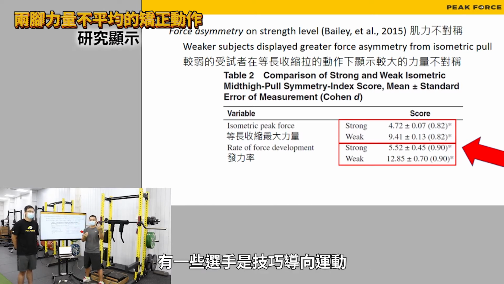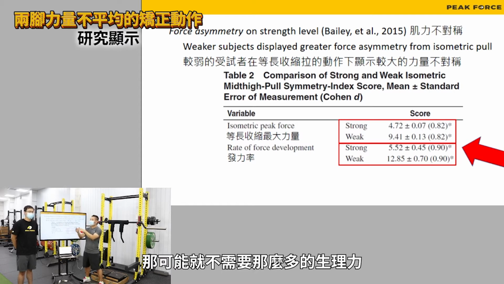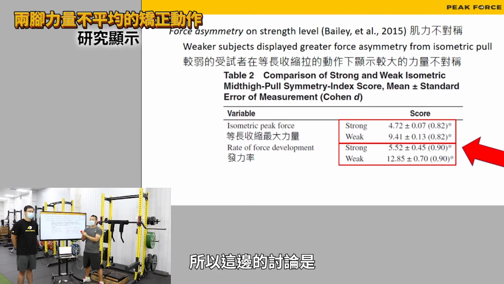Okay, some athletes are in more skill-oriented sports. They might not need that much physical strength. So what I'm talking about is people who show a high asymmetry. Chances are they're physically weak.